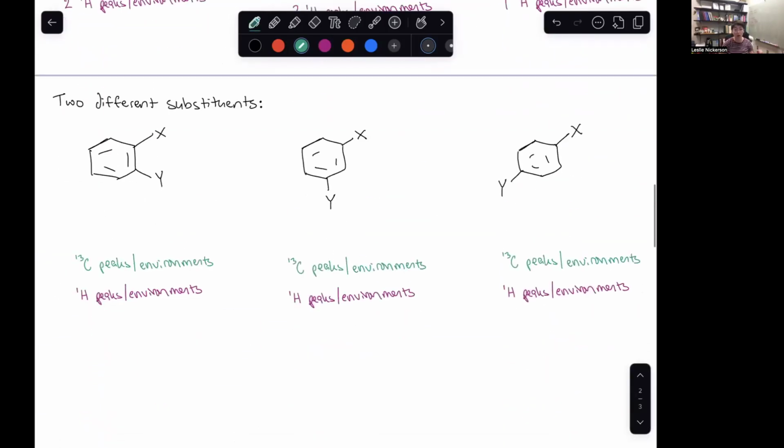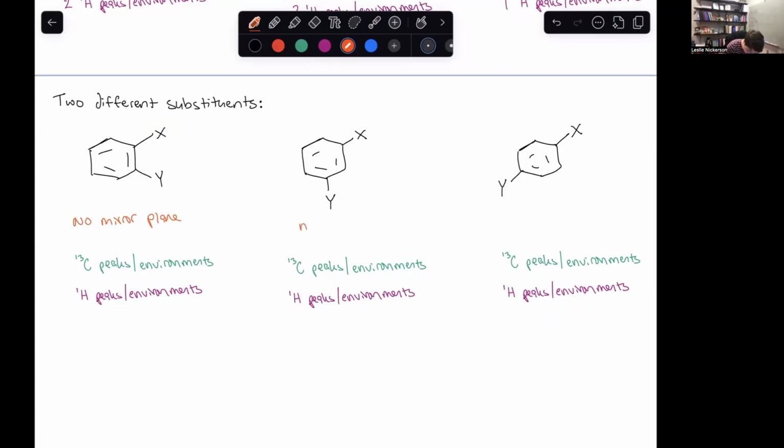It gets a little bit more complicated on benzene when you're looking at 2 different substituents, but it's not too bad because we're still working with flat. We can see that if I don't have the same substituent on this ring, I don't have any mirror plane besides the one that just cuts through all of the atoms, which is not very helpful here.